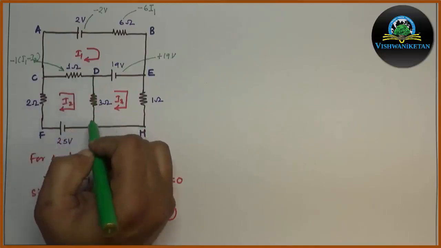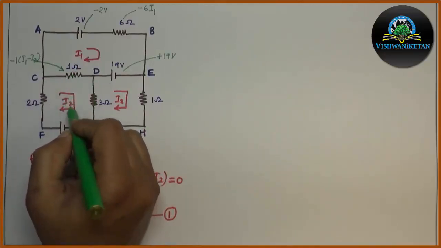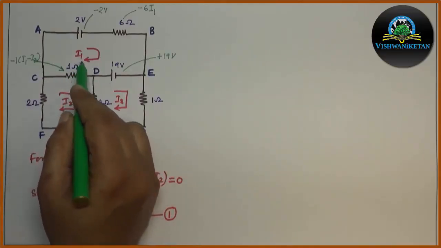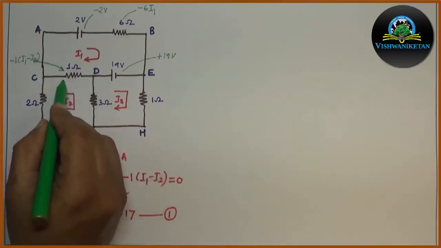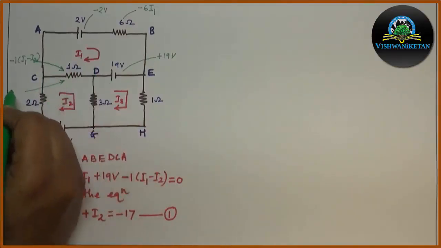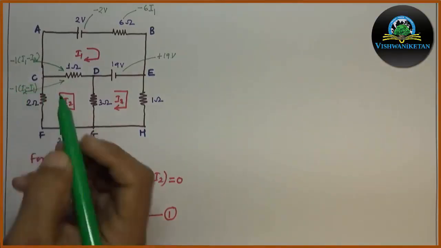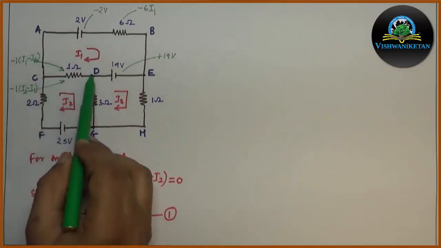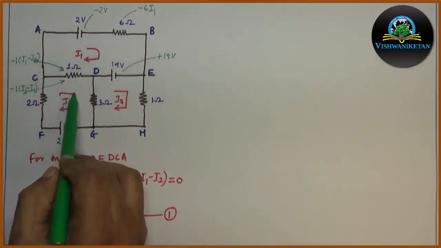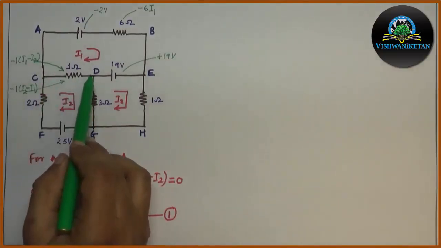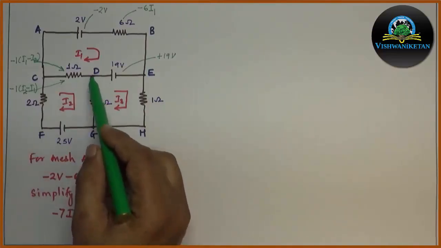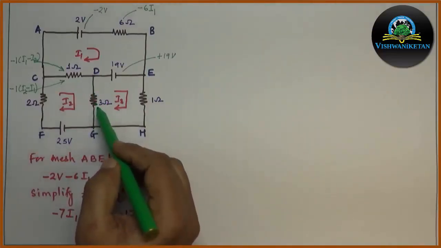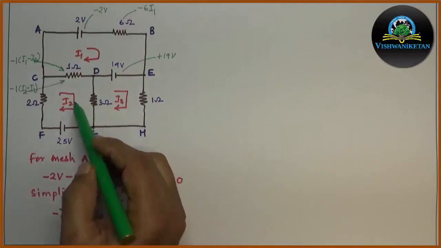As we are in loop 2, we assume that I2 will be greater than I1. Hence, for the second equation, it will be minus 1 times (I2 minus I1). Again, the minus sign is because the loop direction is C to D and the second loop current direction is also from C to D.